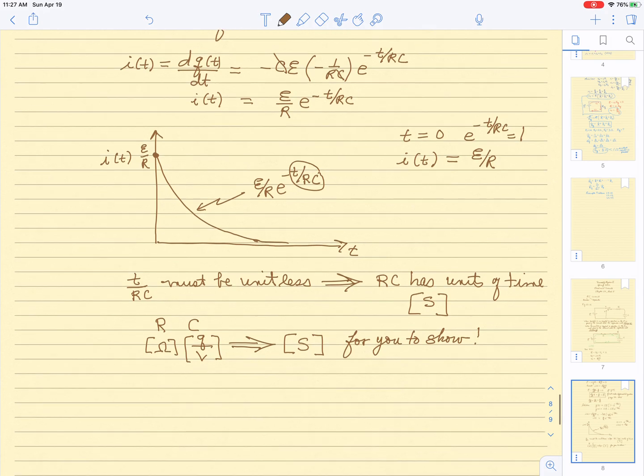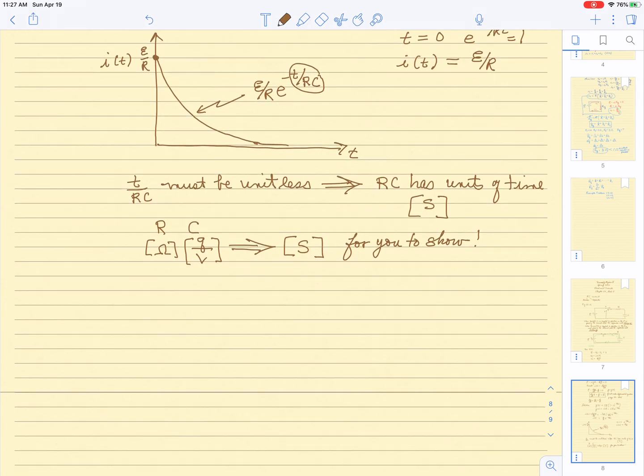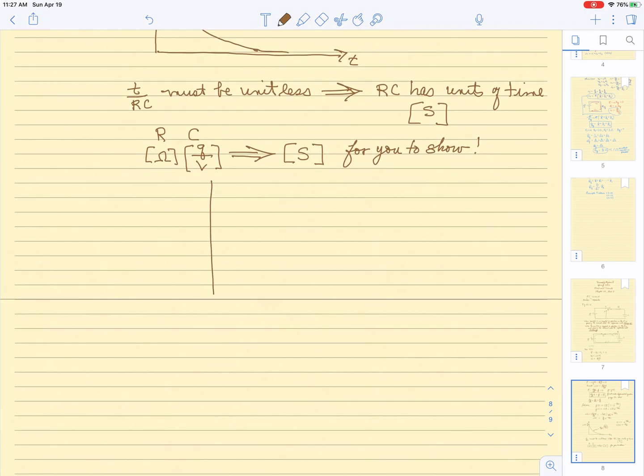Now, likewise, we can look at the charge buildup on the capacitor, and so then Q of t is going to be equal to CE.